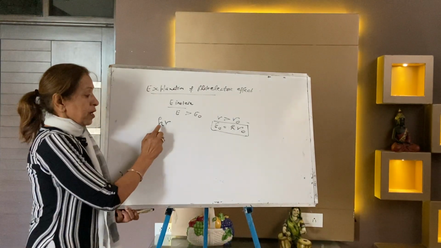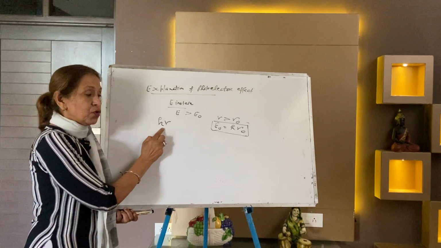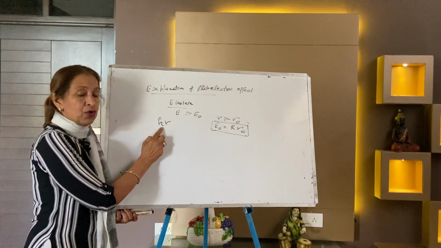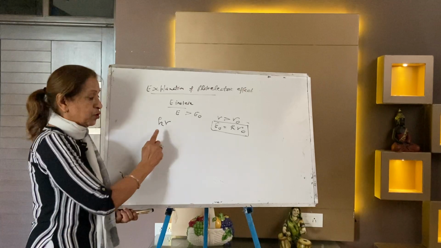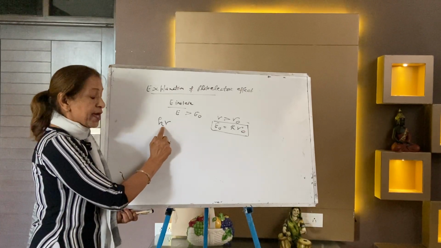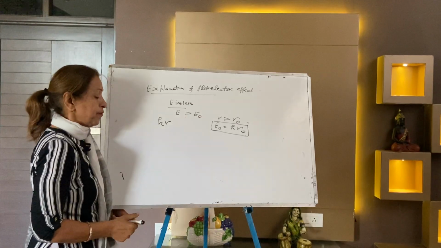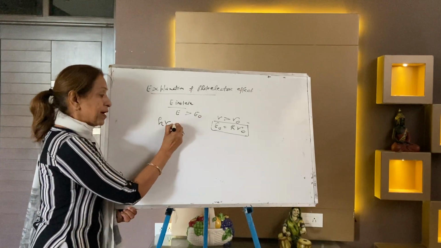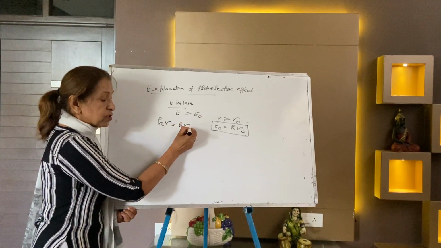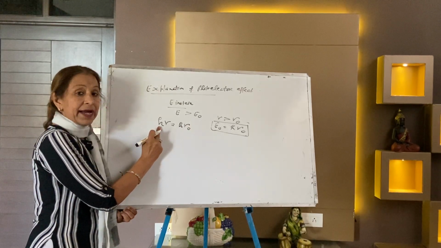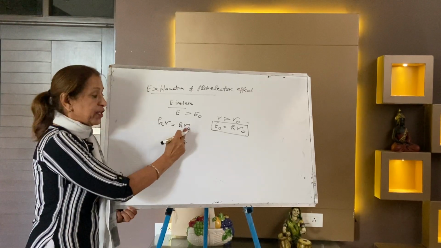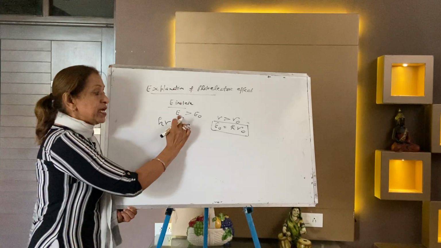Now what is h nu? It is energy. E is equal to h nu according to Planck. So h nu is the energy of the incident light, and E is greater than E naught. So what will happen then? The required energy is h nu naught, but the falling light has more energy than actually required.